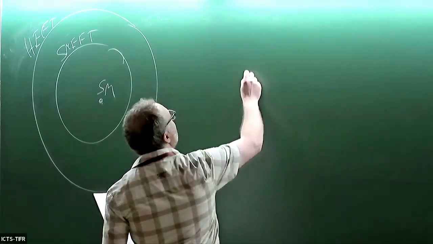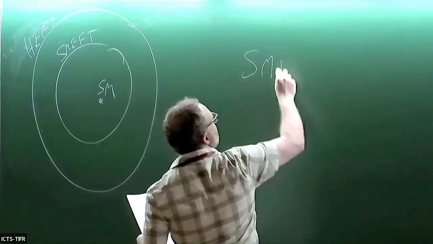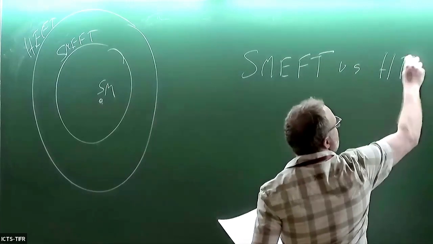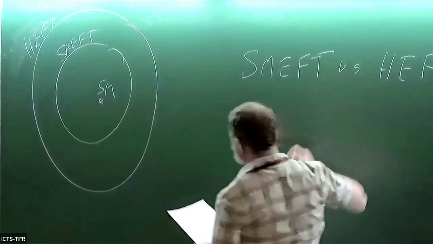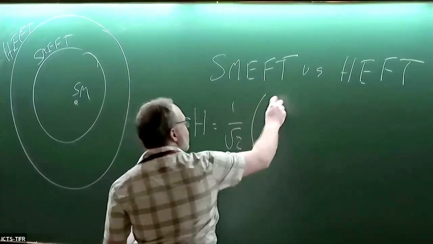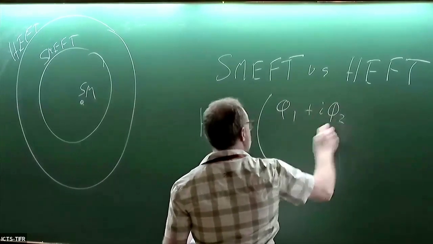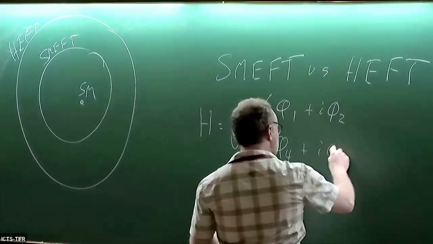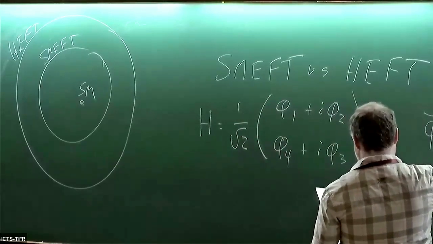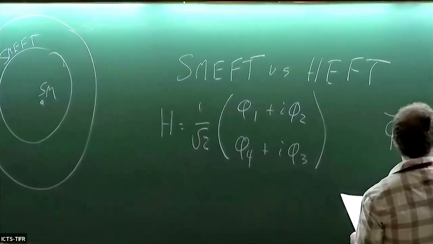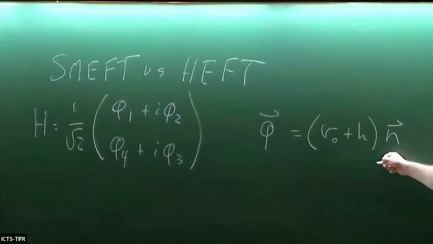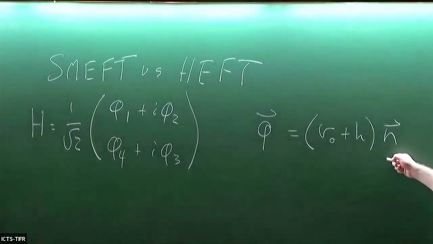So we have SMEFT versus HEFT. And so just say again, we have this capital H, which we can write in terms of phi fields. And we can write the relation, which I don't think I wrote before, between phi and the polar coordinate fields. Just looks like this.